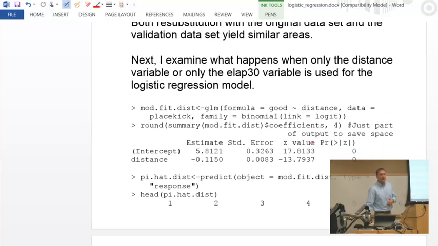Now let's look at a situation where you have two different models to choose from. Let's say one of my models has just distance in it, none of the other variables, only distance. So I could estimate my model using glm as we've done before.